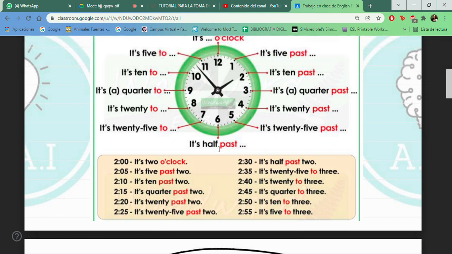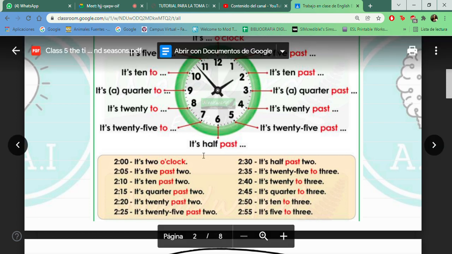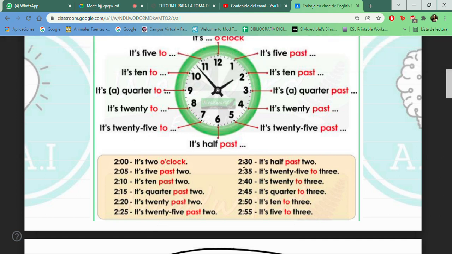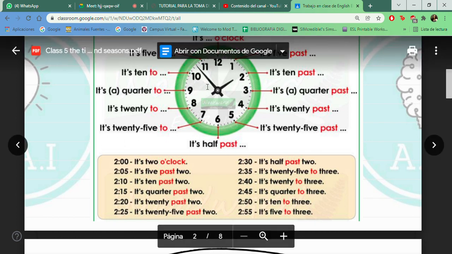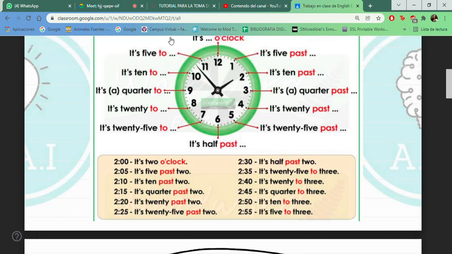Remember the L is silent. It's not half, it's half. Half, okay? Half past. Good. For example, it's 2:30. In this case, the example is 2:30. Any questions here? No? No. Great, excellent.